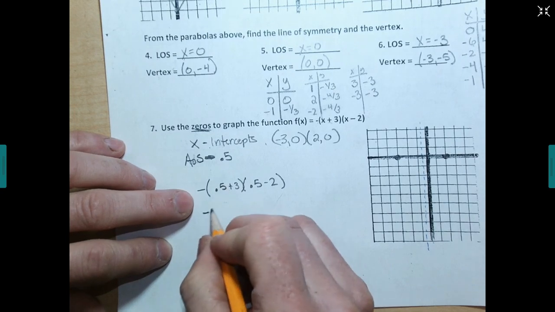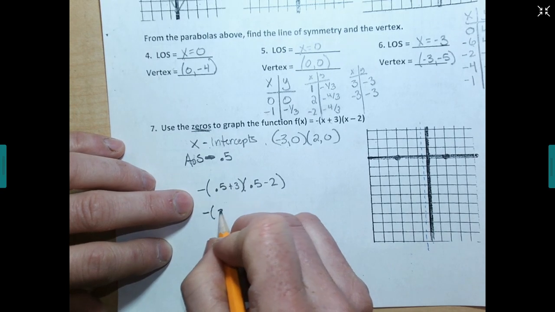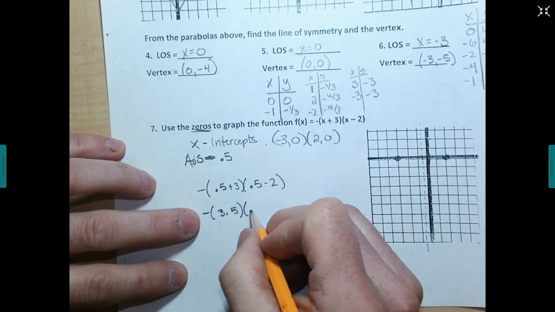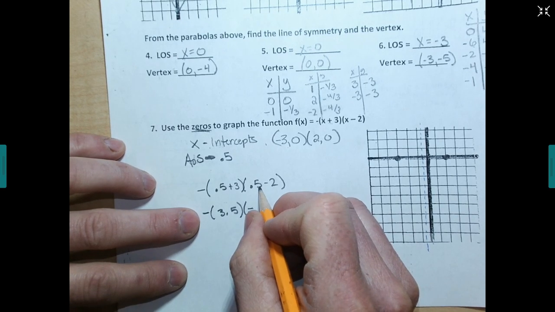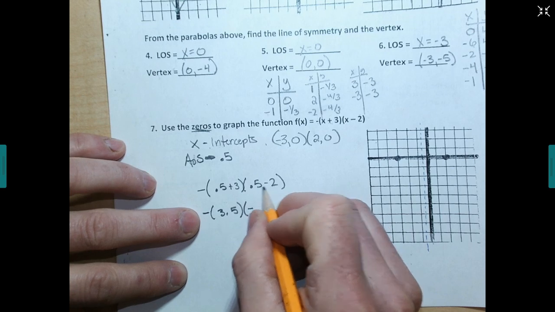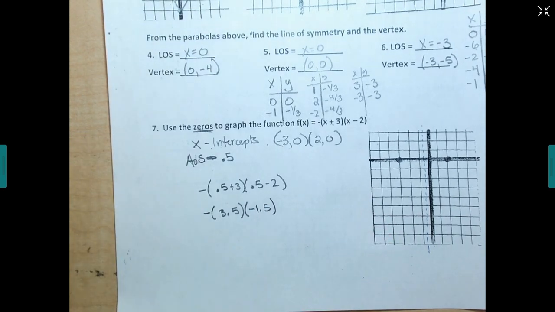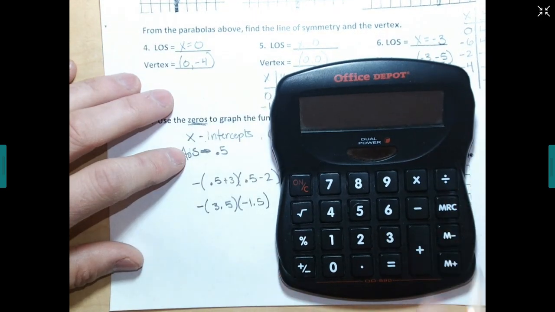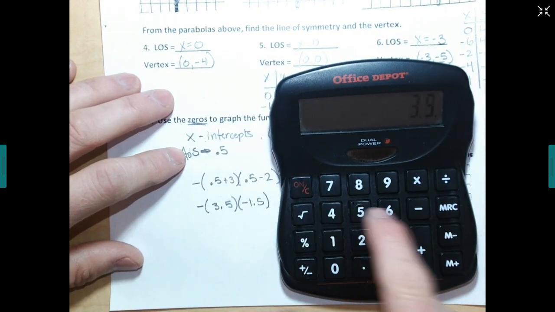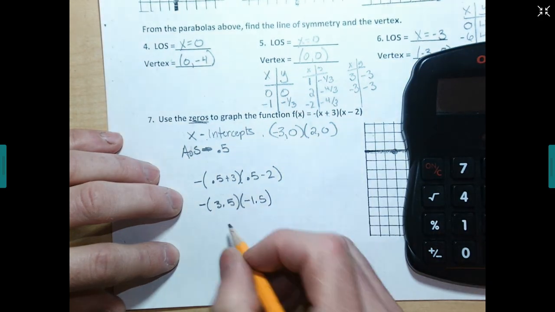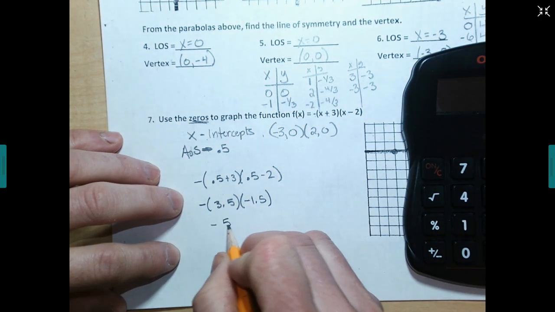So I have 3.5 times negative 1.5. So 3.5 times 1.5 is 5.25.